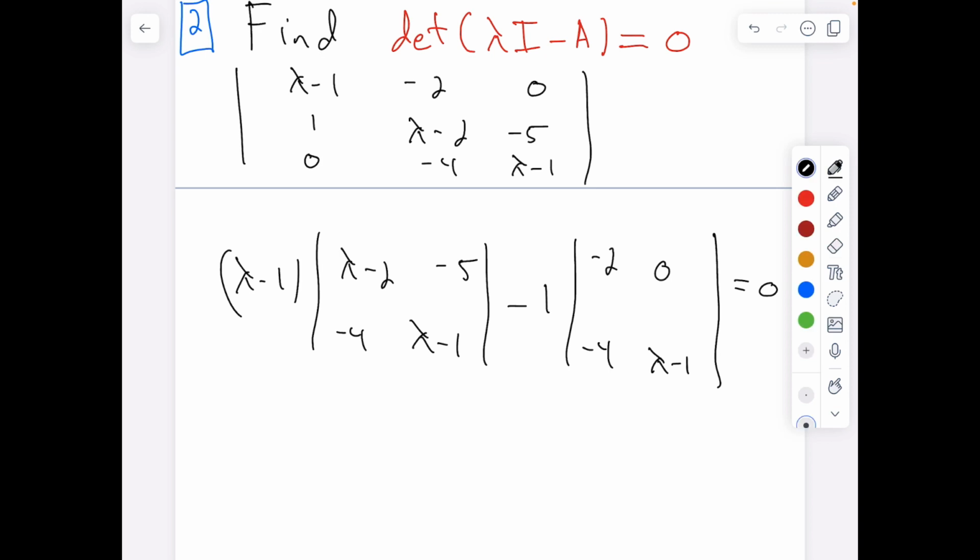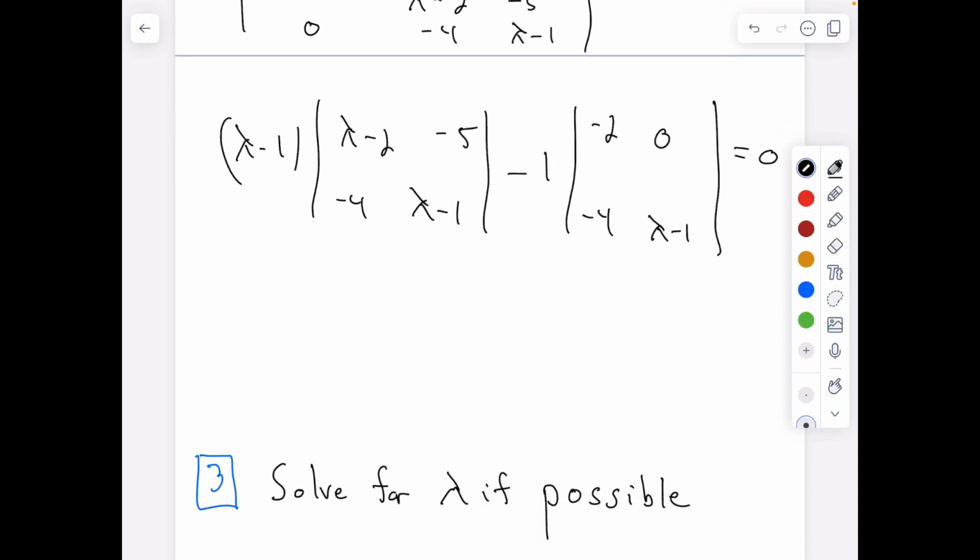Here's one thing I recommend when you're doing this part with the determinant: pay attention to the terms that you have.